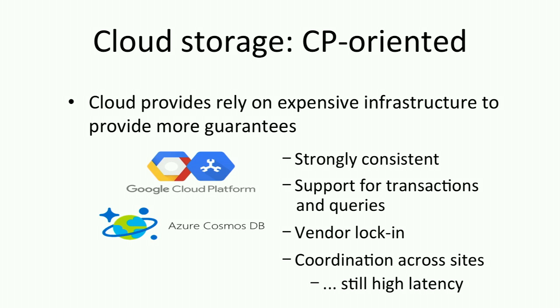More recently, some cloud databases have also emerged that provide you with strong consistency guarantees. Google Cloud Platform and also Cosmos DB from Microsoft saw the struggle of programmers writing applications on Cassandra, on Riak, and so on. So what they came up with is that they are going to give you much better guarantees.